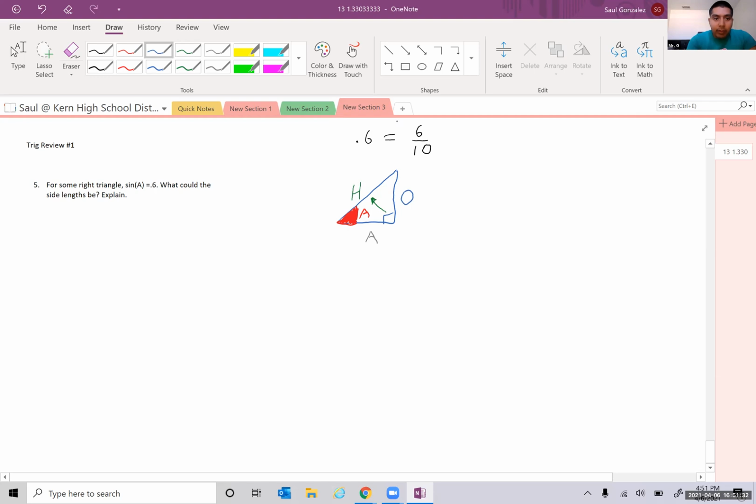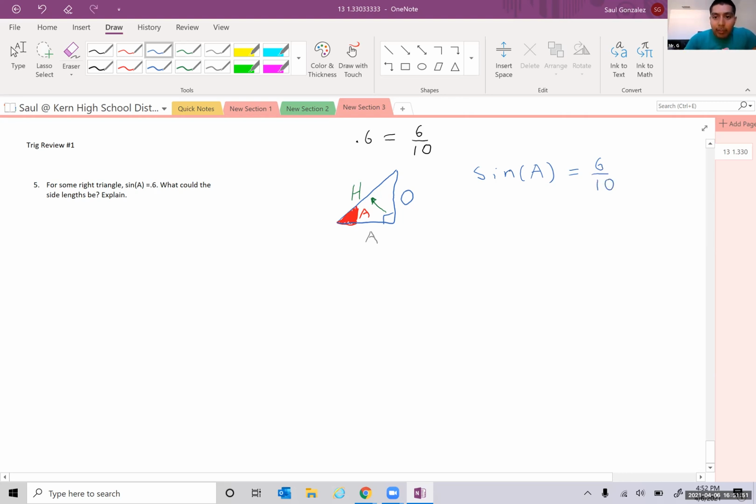Okay, so now if I rewrite sine of A as a fraction instead of a decimal, we have that sine of A is equal to 6 upstairs and 10 downstairs.